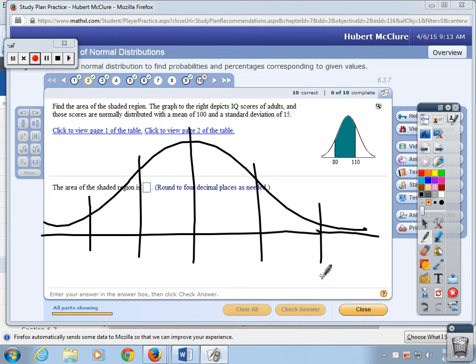So that's 100, 115, 130, 85, and what? 70?